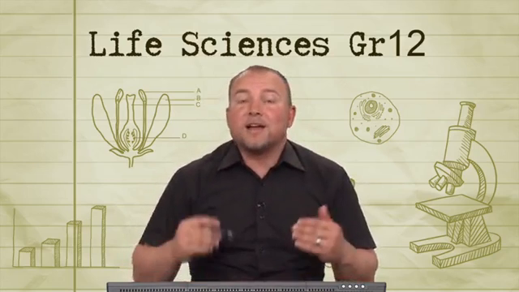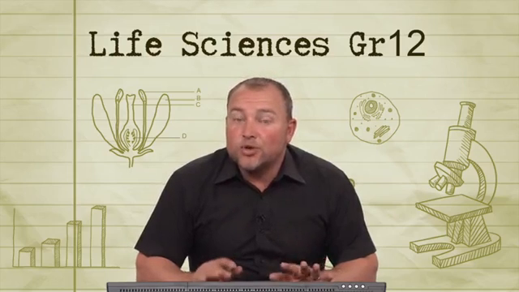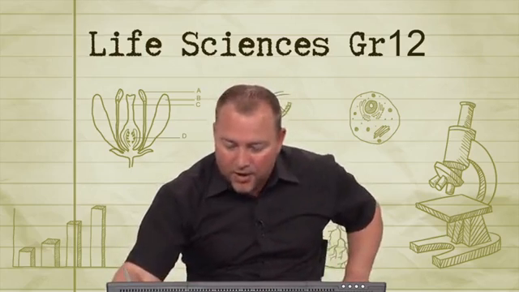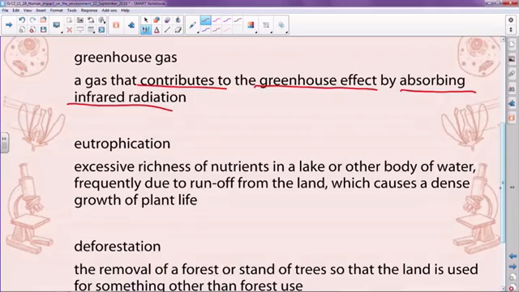Remember, greenhouse effect is not global warming. Greenhouse effect can cause global warming. There's a big difference. You'll go to a nursery and they use the greenhouse effect to keep the plants nice and moist and warm.